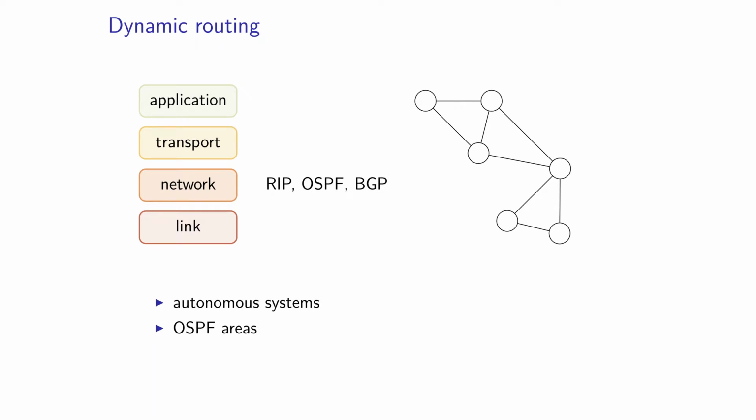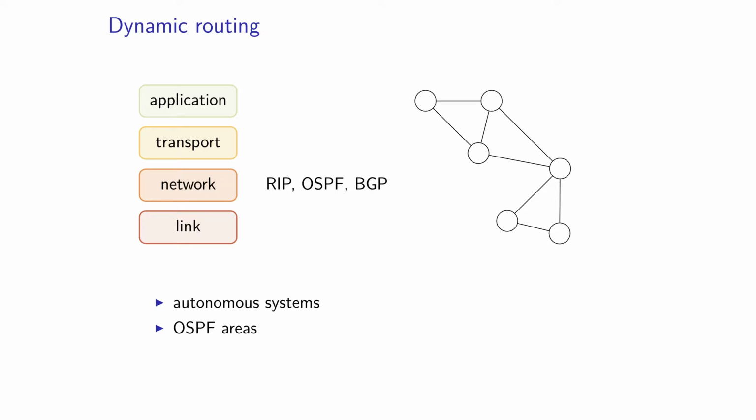Next, we will learn that manually setting up routes is rather tedious and error-prone, and also does not scale to the size of the internet, so we will find protocols that take care of this and, in an automated way, find paths from one hop to another hop, and now use these paths to populate routing tables in the different routers.